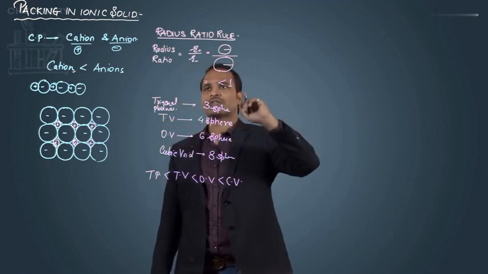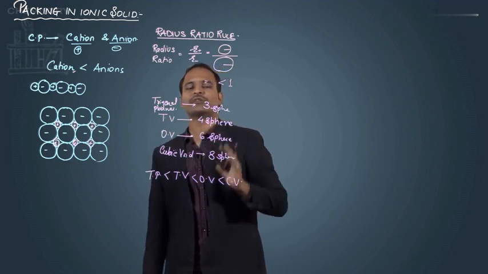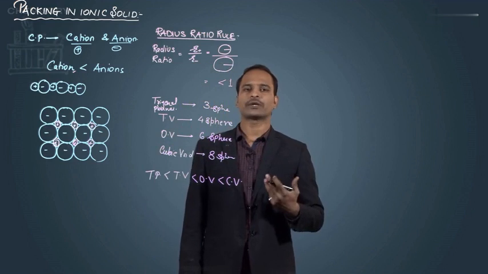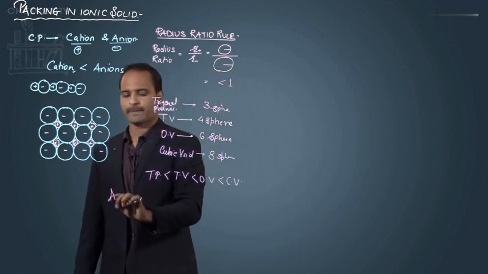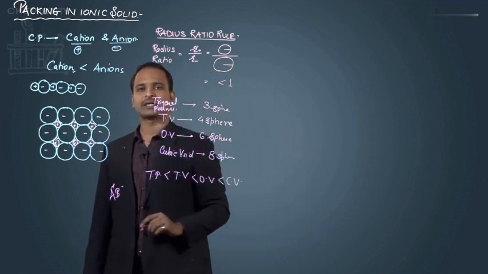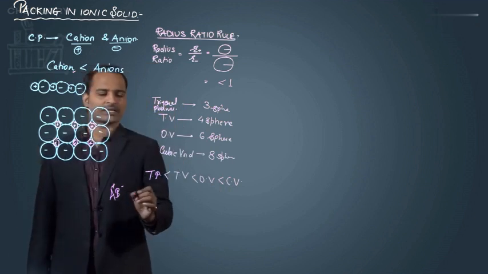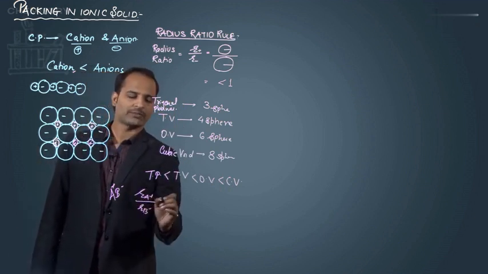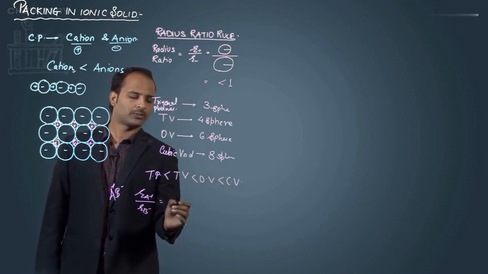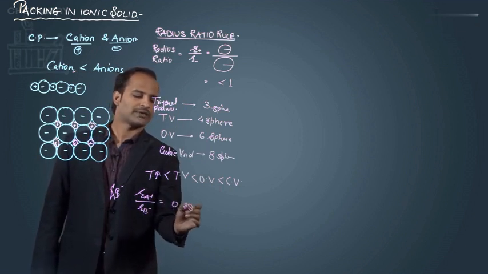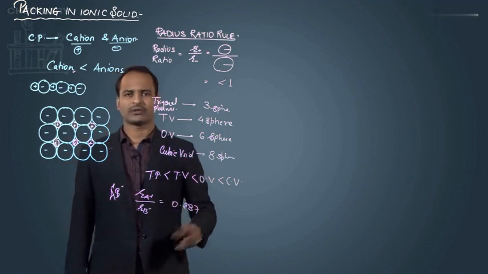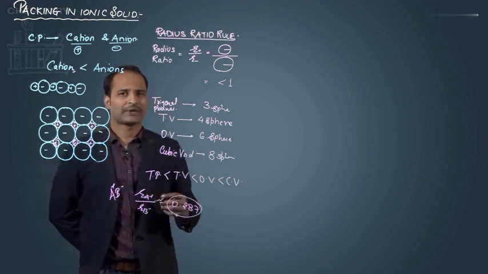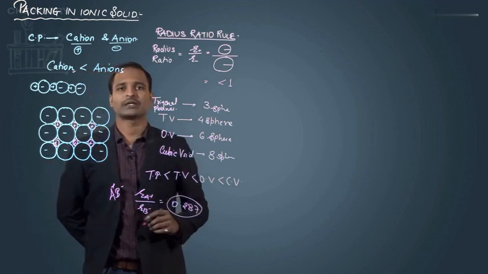Okay, now as I said, with the help of the radius ratio value we can predict which void the cation occupies. For example, suppose I have a particular ionic solid AB, where A is a cation and B is an anion. I calculated its radius ratio, the radius of cation to the radius of anion, that is r plus upon r minus, and I got a value of 0.287. This value of radius ratio predicts that the cation will occupy the tetrahedral void.